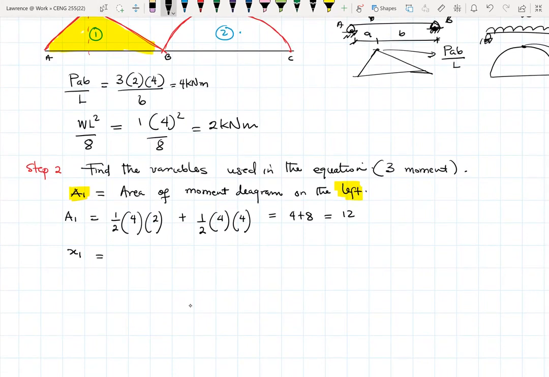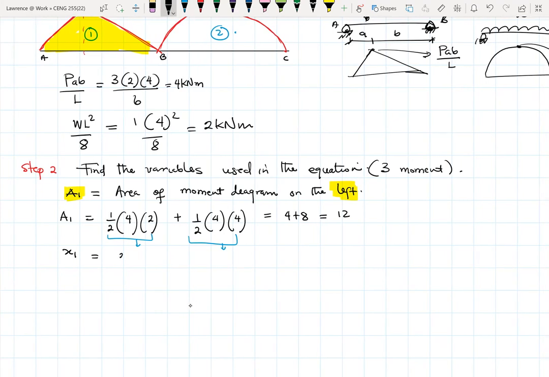Because the triangles are different, it means that the x1 will be different. So the x1 for this portion here, and the x1 for that portion over there. Since we are finding the moment with respect to A, because that's the idea behind the three-moment equation, this becomes 2/3 of the base 2.